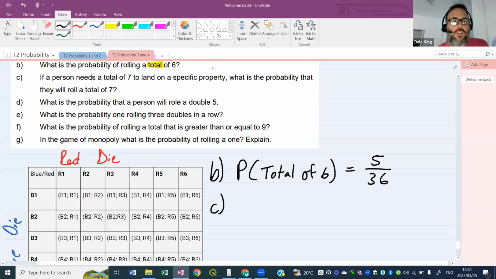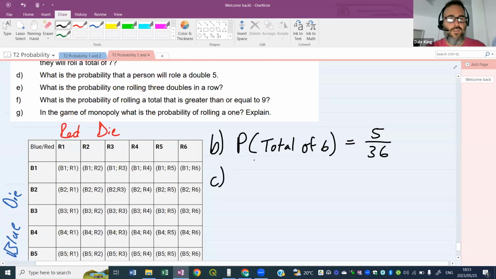If a person needs a total of 7 when they roll 2 dice, so you add it up, you need a total of 7. What's the probability? Oh, is that what Sonia's doing? She's answering the next one. I've just realized now, Sonia's answering question C. Ah, Sonia, you're too fast for us.